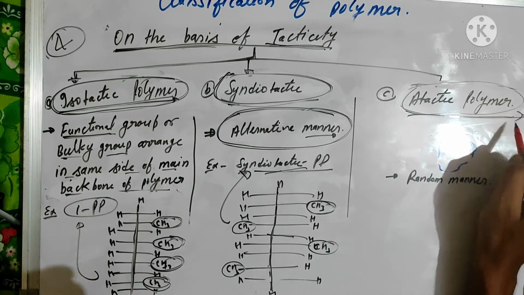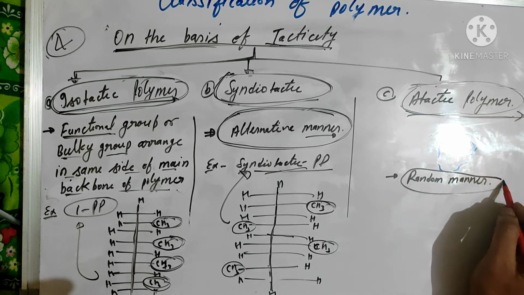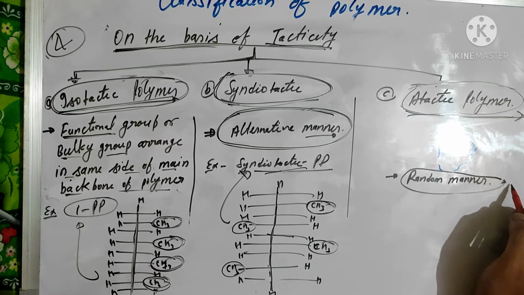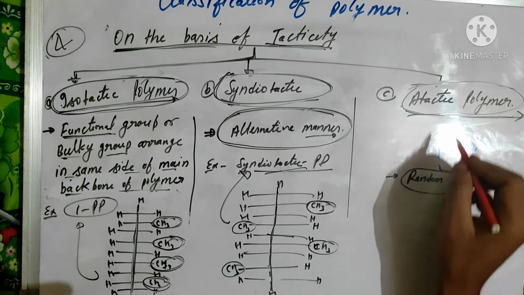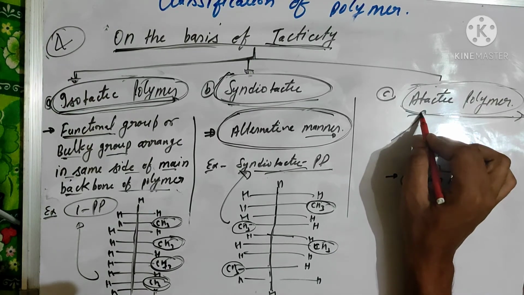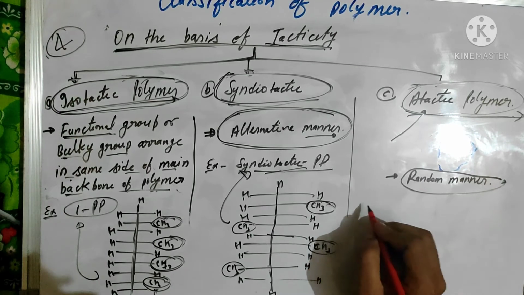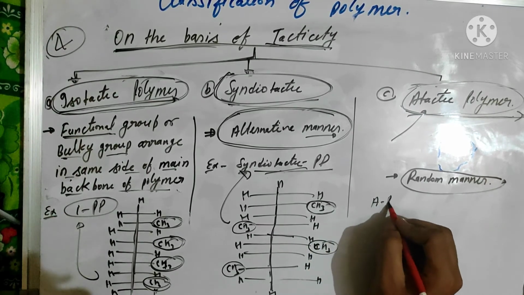And atactic polymer, when the functional group or bulky side group is arranged in a random manner surrounding the main polymeric chain or backbone of the polymer, that polymer comes under the atactic polymer. Atactic polymer is amorphous in nature. For example, atactic PP.